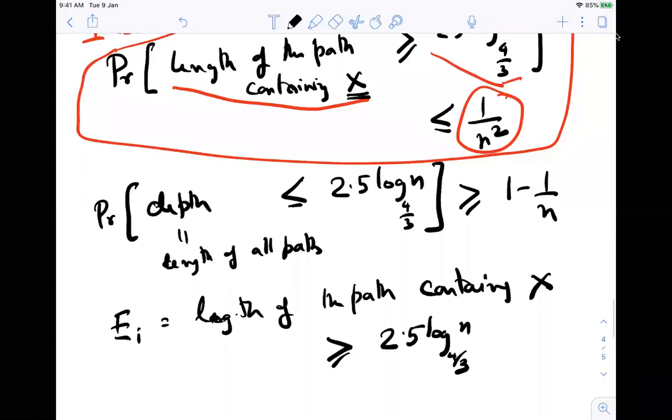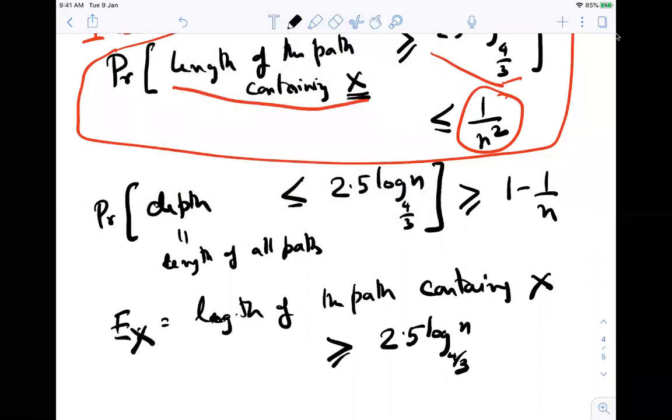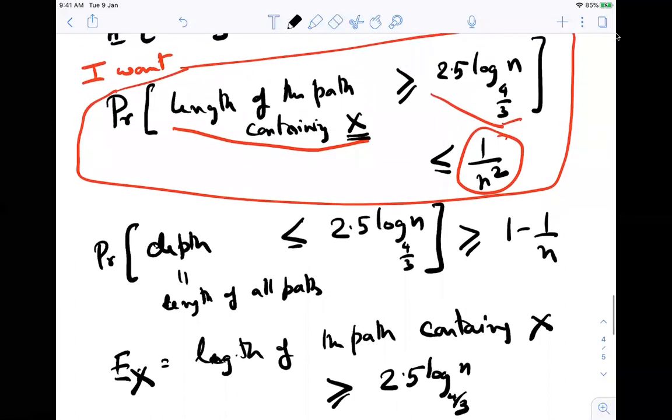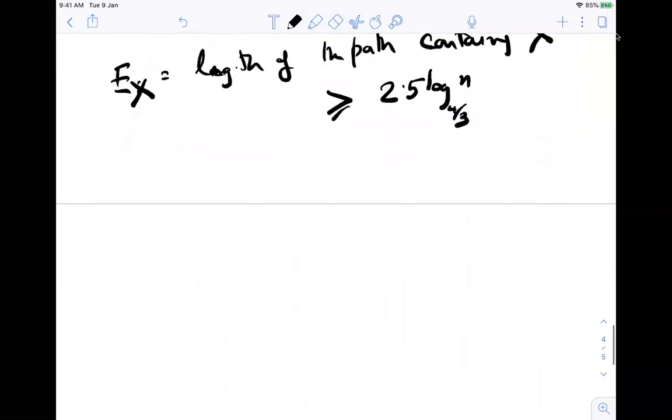And I should not write it E_i, I should write it as E_x. So E_x is a bad event. I want to control E_x. What is the probability of E_x? What this statement says is that the probability of E_x is less than 1 by n square.